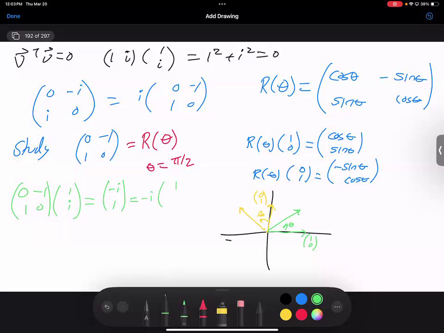And if I pull out a negative i from 1, what do I get? i. It's an eigenvalue.